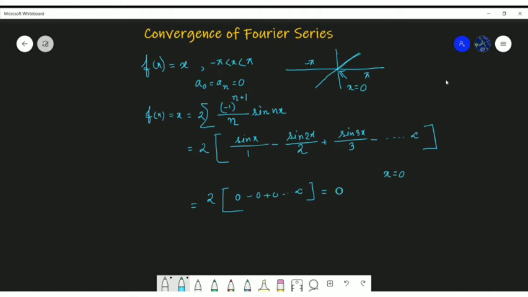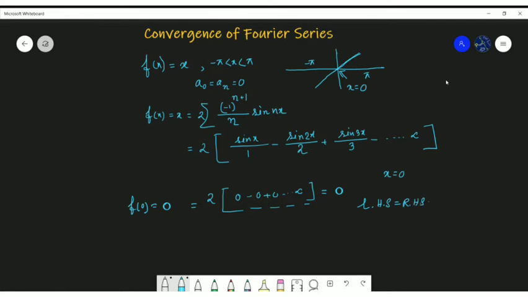Since we are putting x equal to 0 on the right side, on the left hand side we can also put it, that is, in the function itself, and it gives the function value 0. So the series converges to 0 at x equal to 0, and that is also given by the function itself. So here left hand side is equal to right hand side.